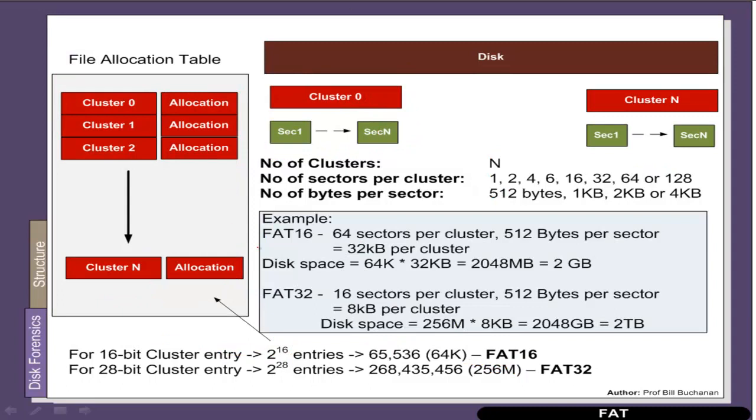So as an example, we might format for FAT16, which is the most compatible format that we can get for systems. And inside this we might go for 64 sectors in each of these clusters. Each sector has 512 bytes in it, which makes each of the cluster sizes 32 kilobytes. If we make the cluster sizes too big, then obviously they'll be very wasteful when we're actually storing our files.